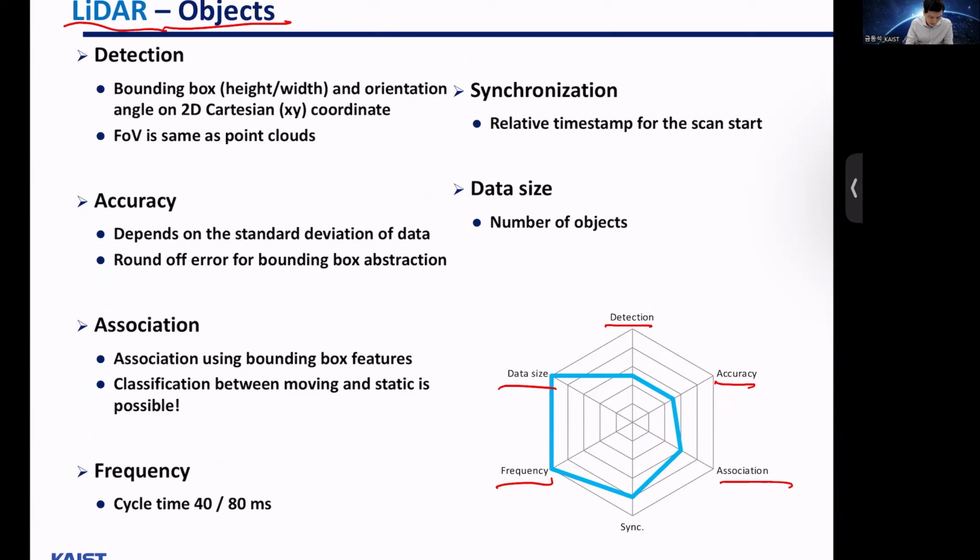Detection here is evaluated as medium, because we also have some semantic information that we need to get for a localization problem. But when it comes to detecting moving objects, LiDAR is good.